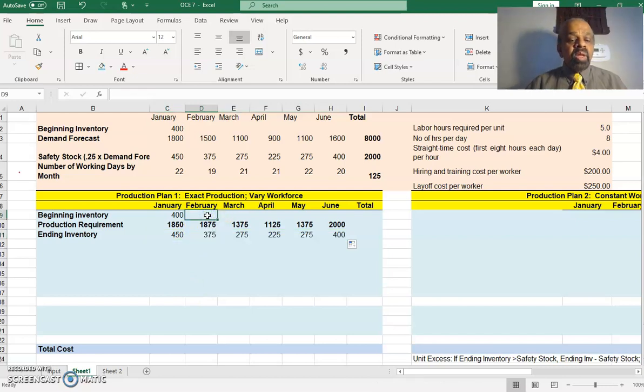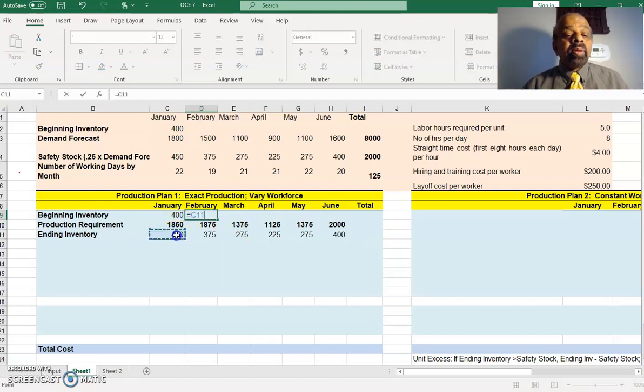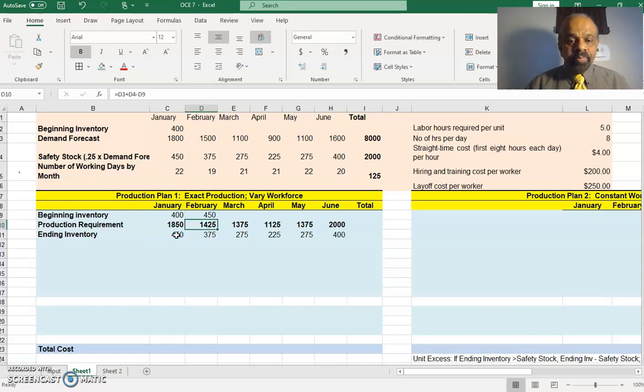Reason being, my beginning inventory for the month of February is going to be the ending inventory of the past month of January. So my beginning inventory for February is going to be equal to the ending inventory of January, the past month.